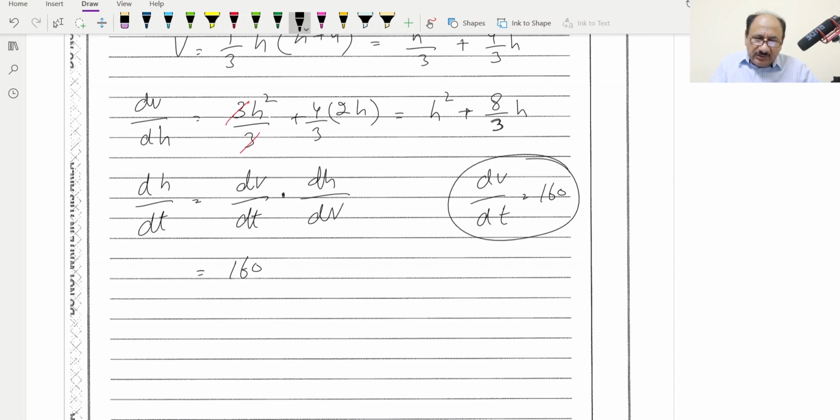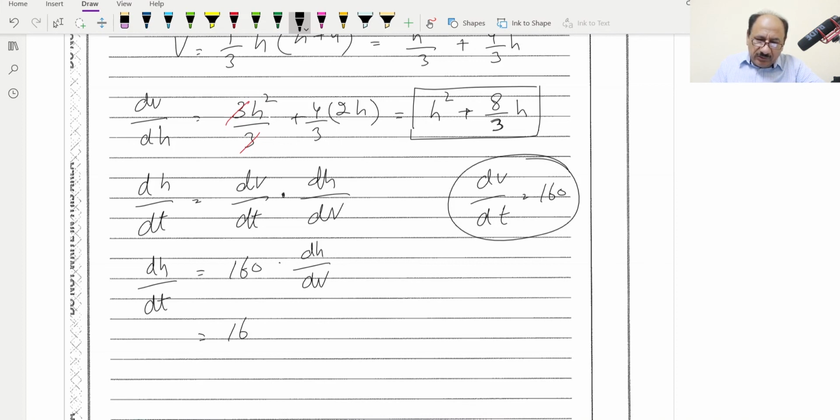So 160 into dh over dV will be equal to dh over dt. And now we can find this, whatever we found over here, h squared plus 8 by 3 h, we can replace this value for dh over dV.